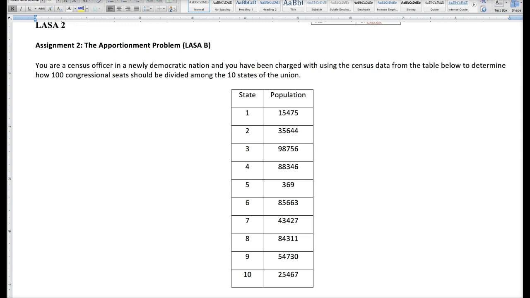And so this project basically says that we're a census officer in a newly democratic nation, and we've been charged with using the census data from a table to determine how 100 congressional seats should be divided among 10 states. And so what we're given here is each state, and of course just by number, and we're given the population for these states.